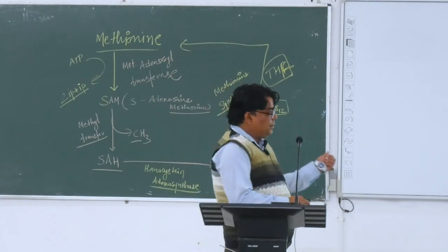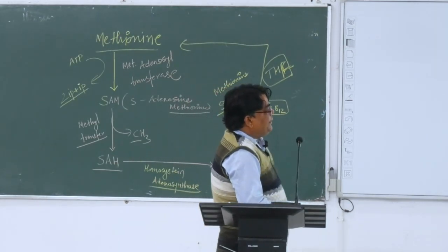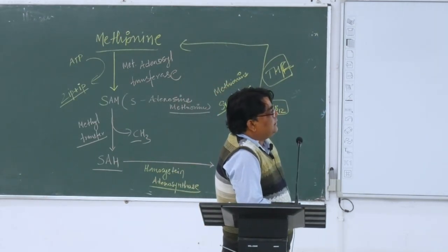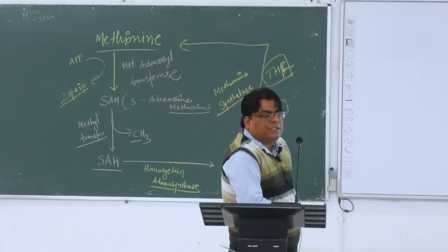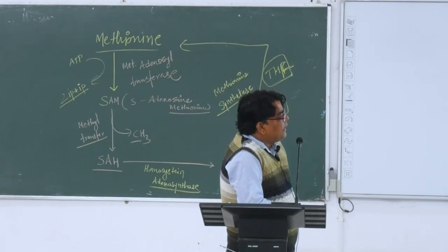We see this reaction from the slide also, so you understand well. This is transmethylation, the first step of this metabolic pathway, in which transfer of a methyl group from methionine to an acceptor molecule is known as transmethylation.